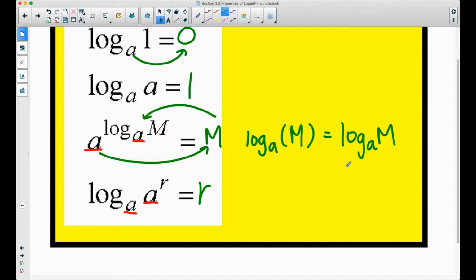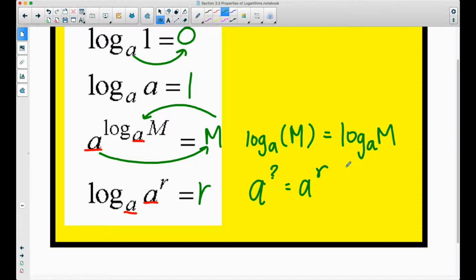So if I was going around the world here, I would say a to what gets me a to the r, and it's r. Okay. So if your two bases are the same, you're either going to take the exponent or you're going to take what you're taking the log of.